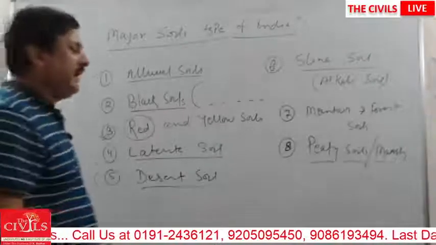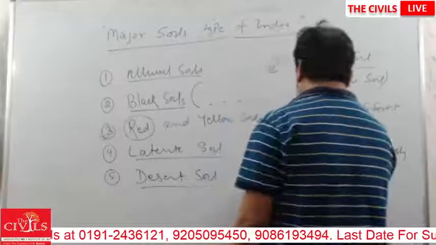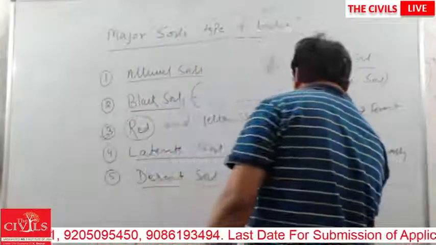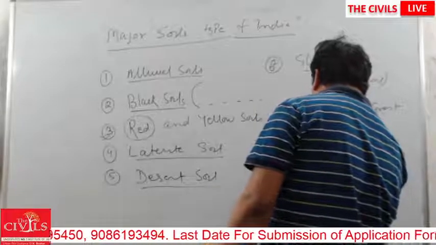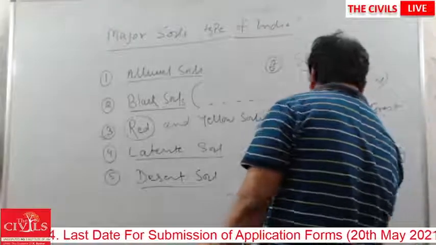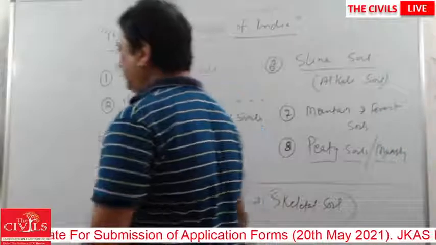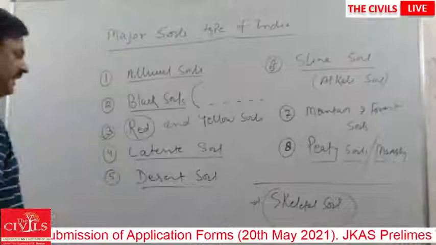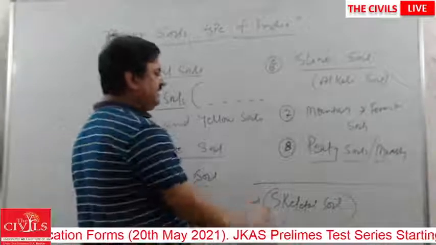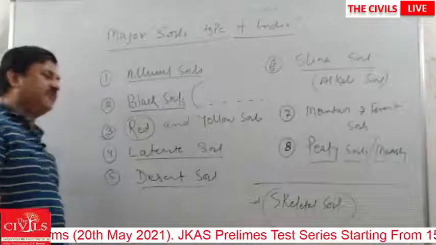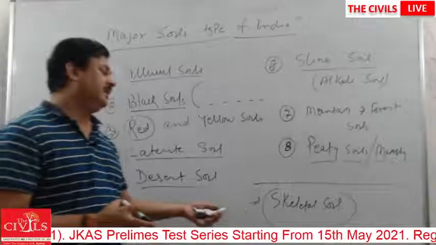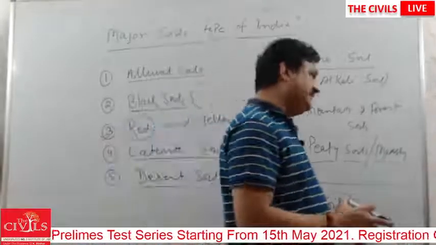ICAR. Apart from that, there is also some soil like skeletal soil. We will discuss about this soil. This soil is found in Ladakh region, yellow in color. Skeletal soil is not classified by ICAR, but it is also found in India, basically in the Ladakh region.